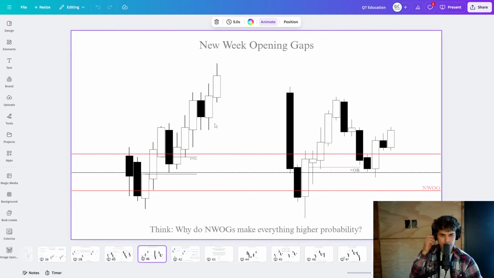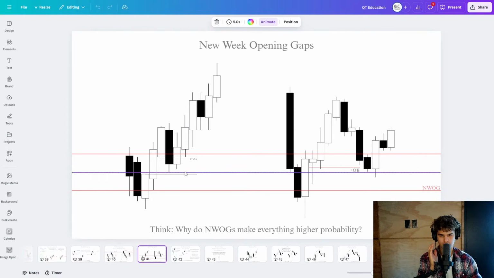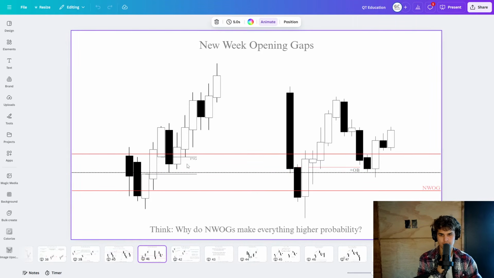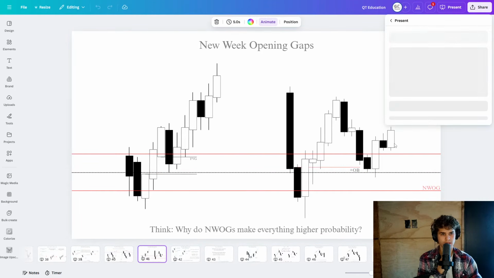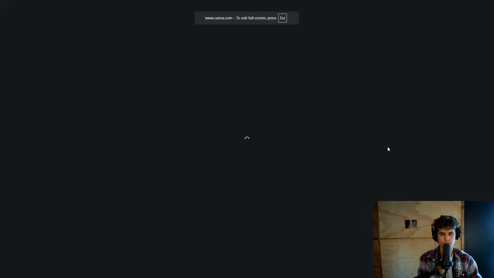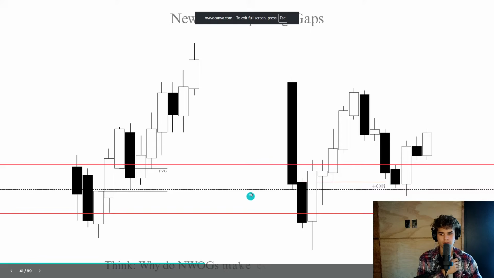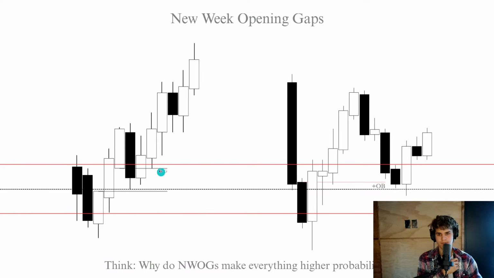So getting right into it, every single thing inside the new week opening gap is higher probability, right? Being said, fair value gaps inside of it. Actually, I think I can even hop into presentation mode and do this a lot cleaner. Yes, beautiful. So that being said, fair value gaps within new week opening gaps are extremely high probability, as are order blocks, right?